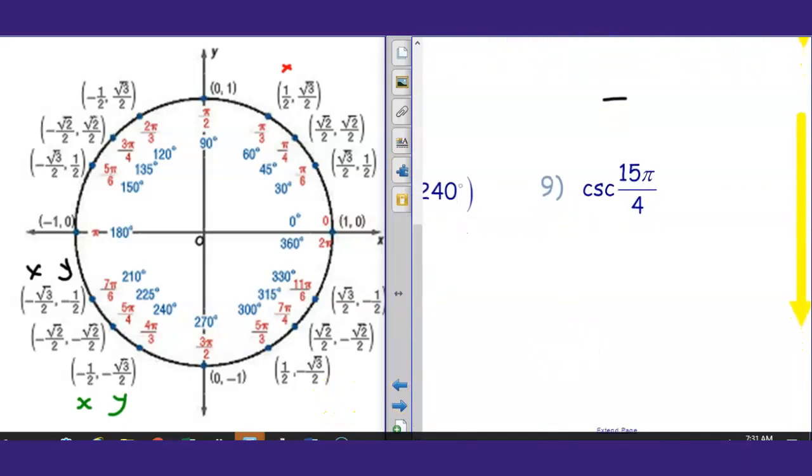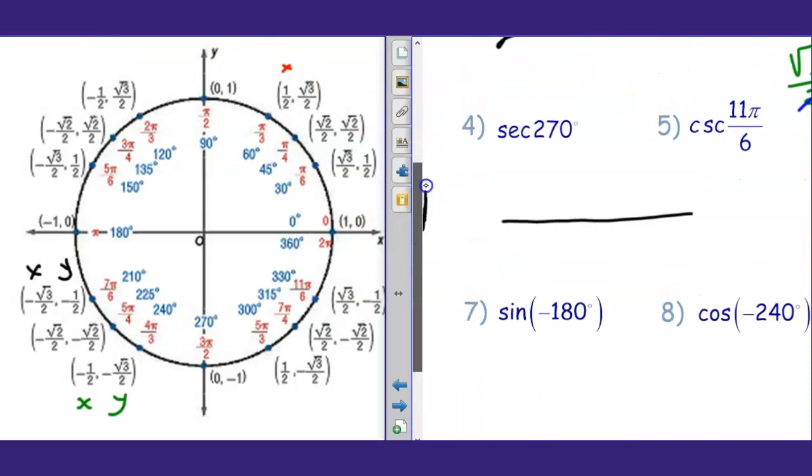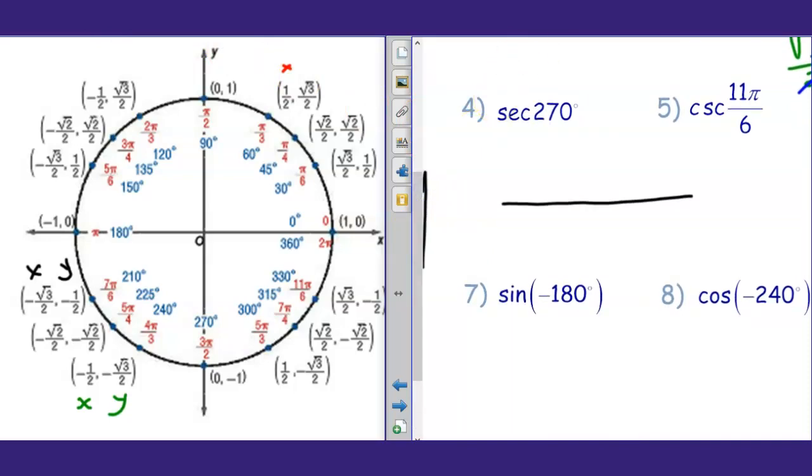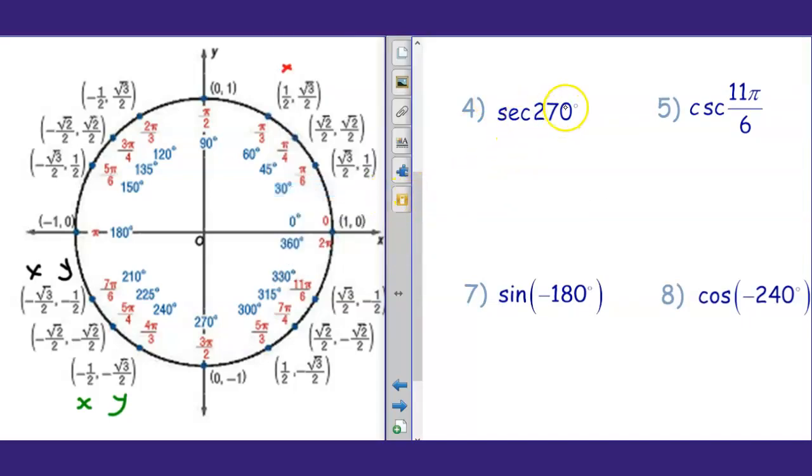Now let's look at some more examples. For this example right here, number 4, excuse me, I went too far down. Number 4, secant of 270. Well, if you remember, here's 270. Secant is 1 over x, or 1 over cosine.